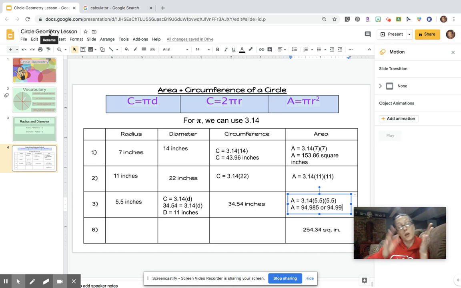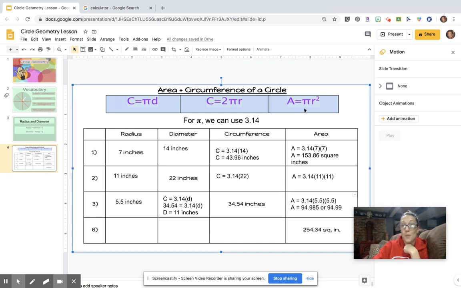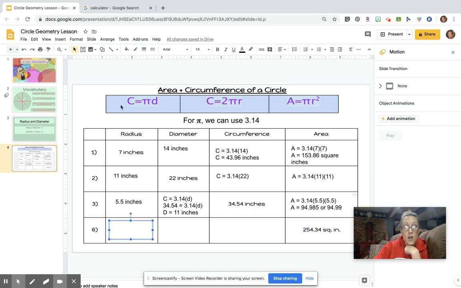Finally, if I'm working backwards from area to find my circumference or to find my diameter and radius, go right back to my formulas, right? I know when I have area, that means that I also can find my radius. So let's look backwards.